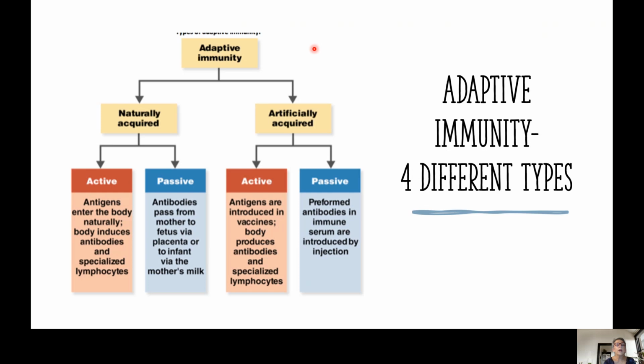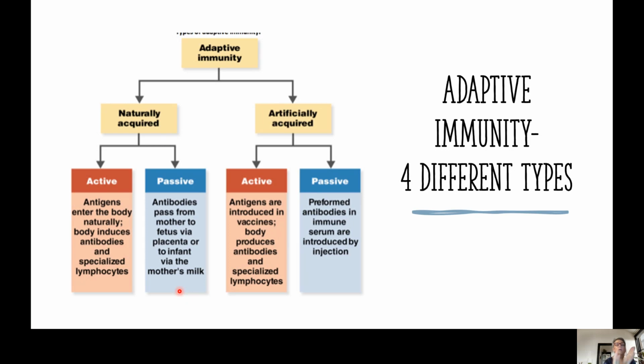And the way that our body responds has to do with whether it's naturally acquired or artificially acquired. If it's naturally acquired, it means that no outside interference or additions have been added to our human body. You're working just using what's within our human body.